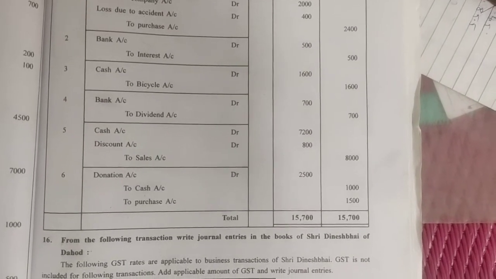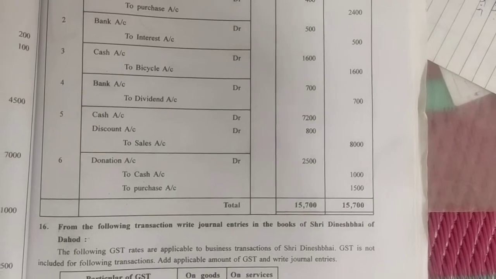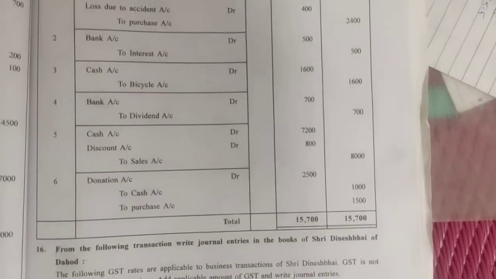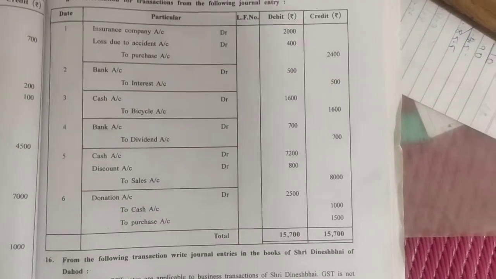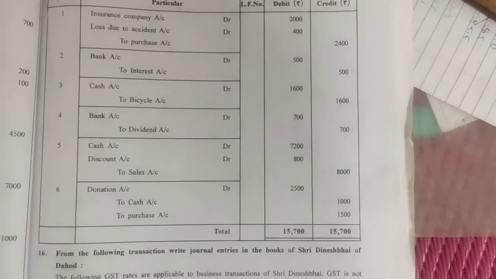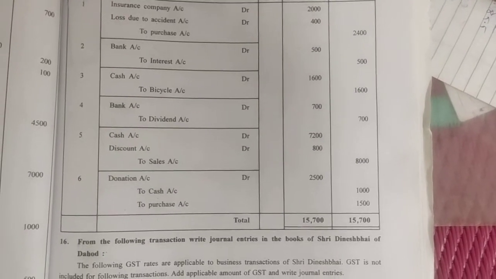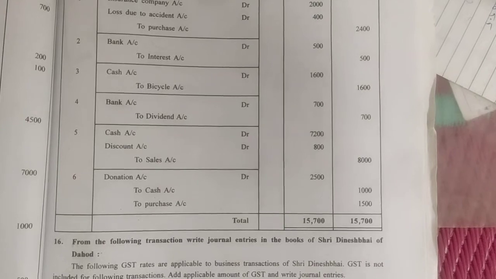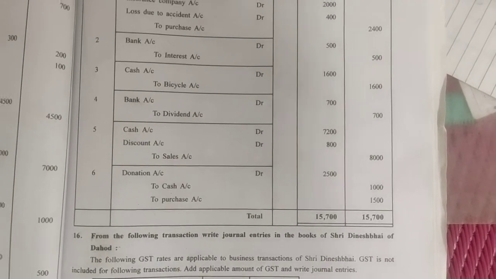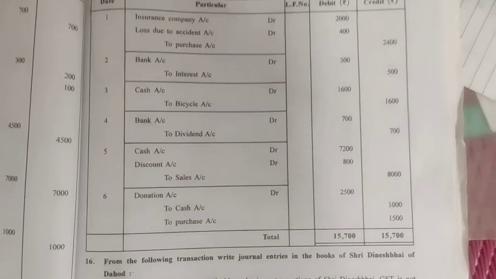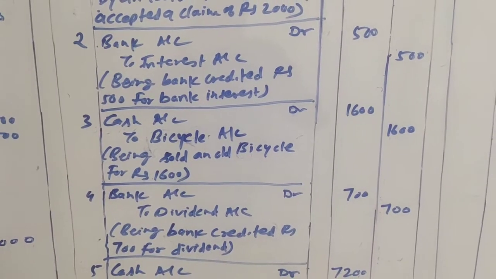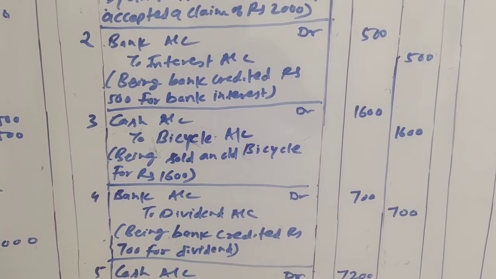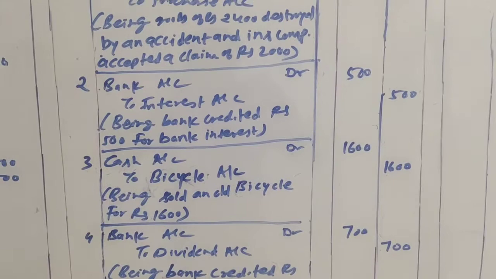I would like to use the words old bicycle, because if we were dealing in bicycles and selling new bicycles, then it would be goods for us. Here we are selling a bicycle which is not our goods. Let us see the entry and narration. Cash account debit to bicycle account, being sold an old bicycle for rupees 1600.